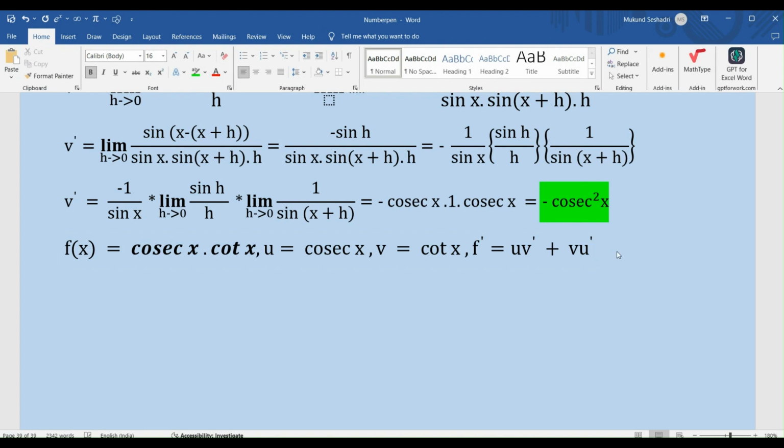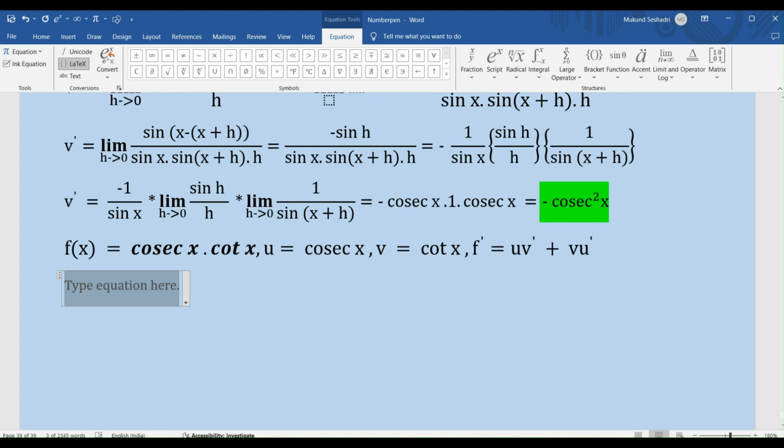Let's move to the next step. So I'm going to write what is my f dashed straight away, because we know what is our v dashed and u dashed. So my f dashed is u v dashed plus v u dashed. And what is my u? My u is cosecant x. And my v dashed is what we worked out using first principles.